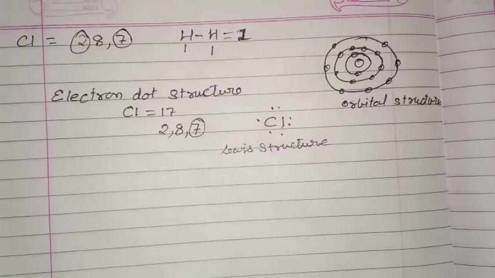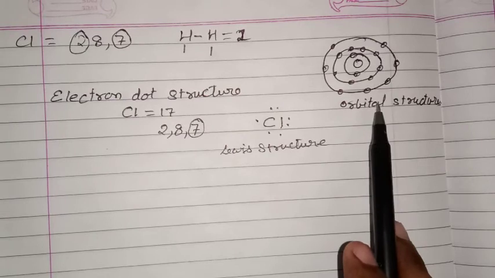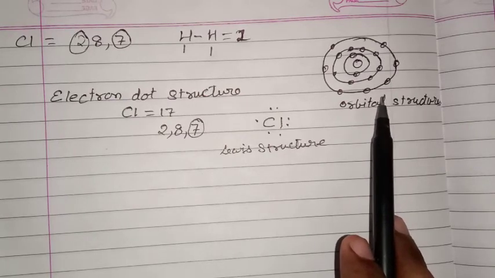Once more, in this case only the outermost shell electrons are represented by this structure. So this is all about the electron dot structure. By it we can represent the outermost shell electrons, and this representation can also be termed the Lewis structure, while the other is the orbital structure.